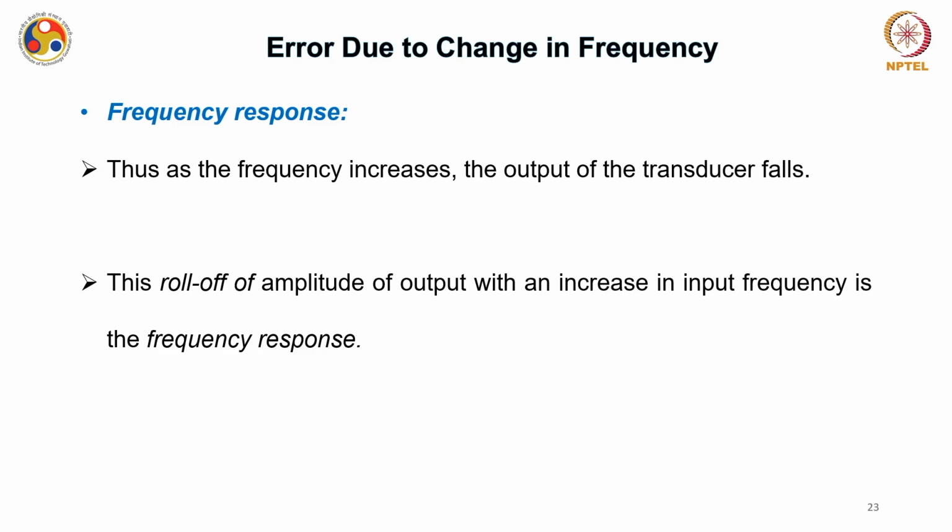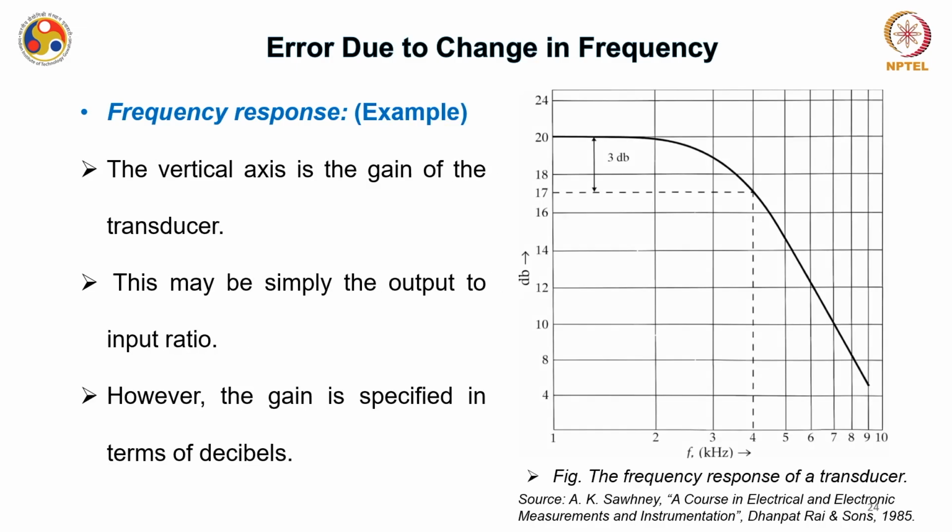Please note that right now I am talking in terms of amplitude only, but frequency response also covers changes in phase and other things, so the overall change in the response pattern of the transducer.